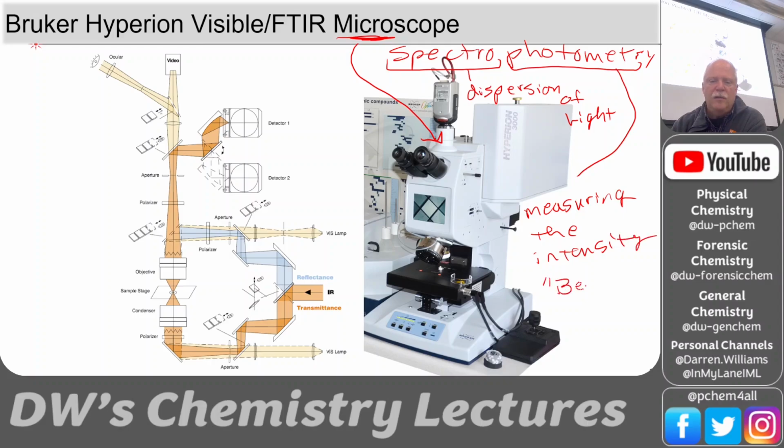Essentially Beer's law, A equals EBC. So whenever we're calculating the concentration, that's the photometry, the measurement of the photons that come through.